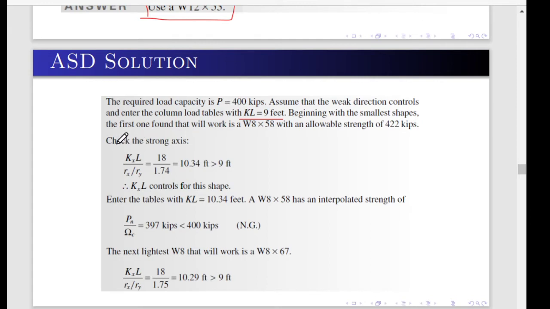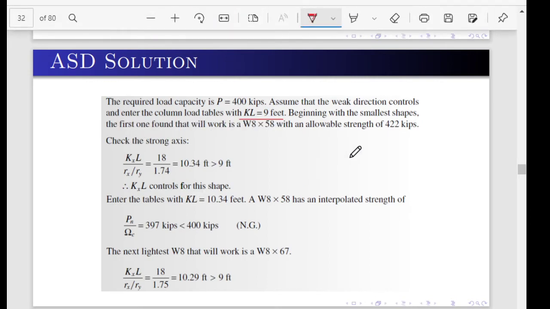Beginning with the smallest shapes, the first one found that will work is W8 by 58. So, remember, we have to compare. In the table also, what we will get is the allowable strength. It should be greater than the required load capacity.